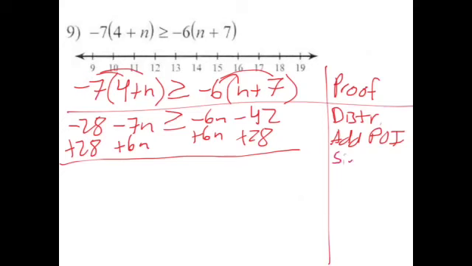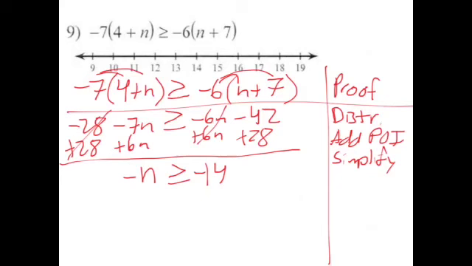And I'm going to follow it by simplifying, combining like terms. Left side, 28's gone. Negative 7n plus 6n is negative 1n. And on the right side, the n's are gone. Negative 42 plus 28 is going to give you negative 14.